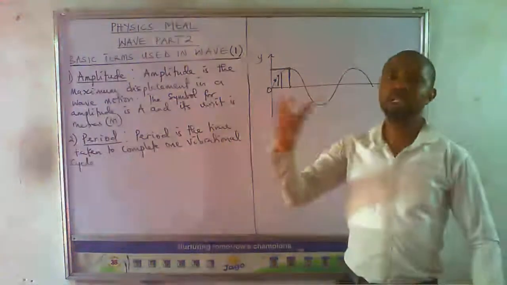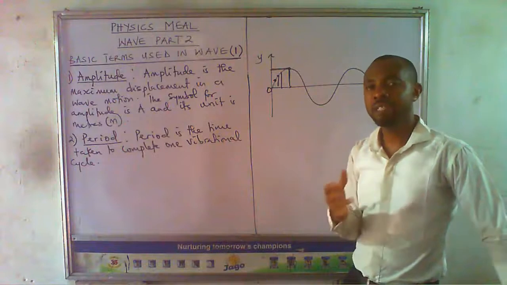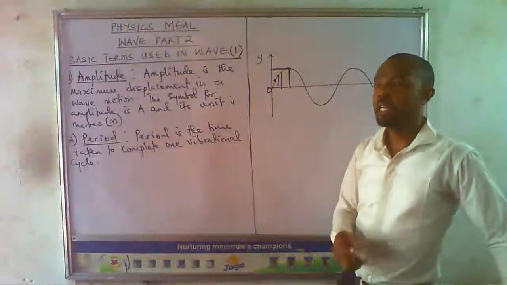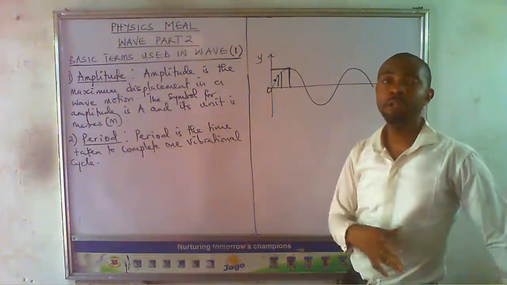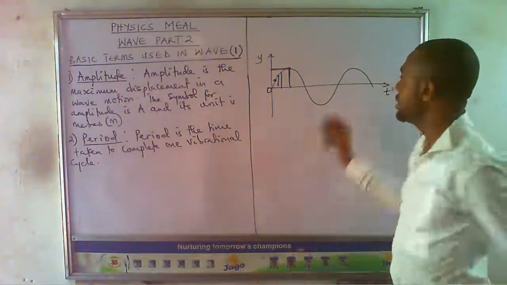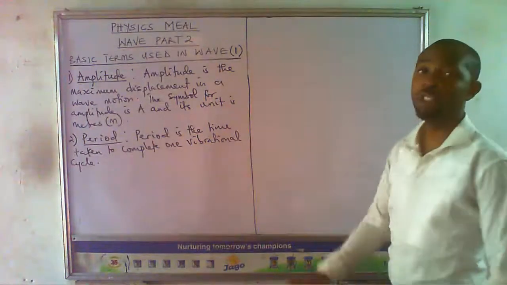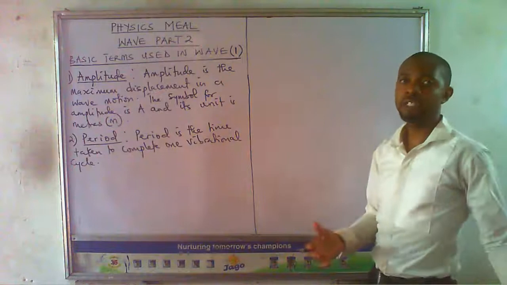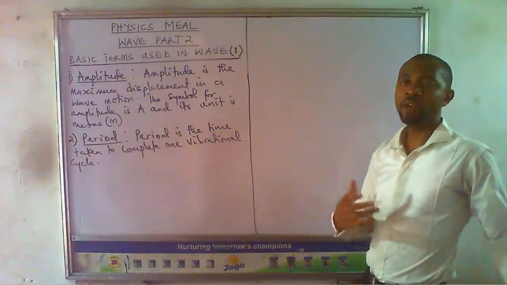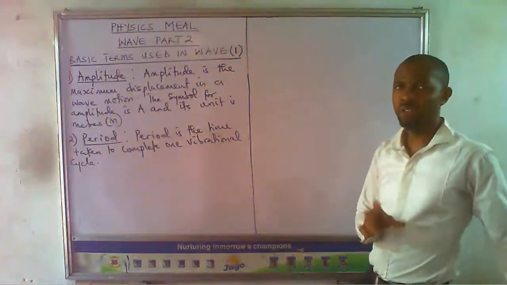Now you remember that when we started looking at a wave, we talked about crest and trough. We can also define period in terms of crest and trough. We can say that period is the time taken to complete the distance between two successive crests, or the time taken to complete the distance between two successive troughs. So you take note of this.